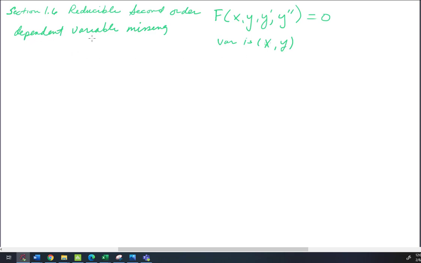So if the dependent variable is missing, we would mean that y is missing. And if that's the case, then the equation that we're looking at looks like f of x, y is missing, y prime, y double prime.